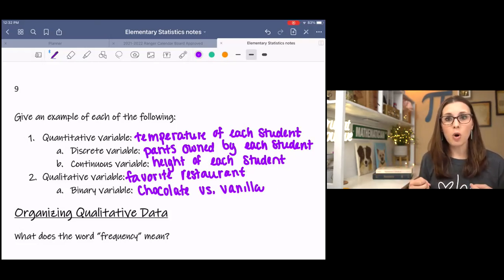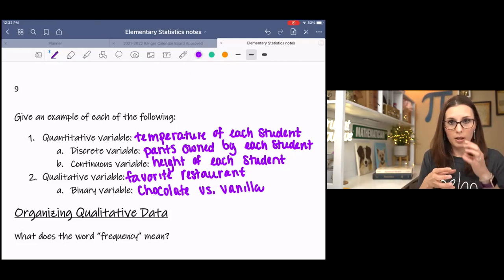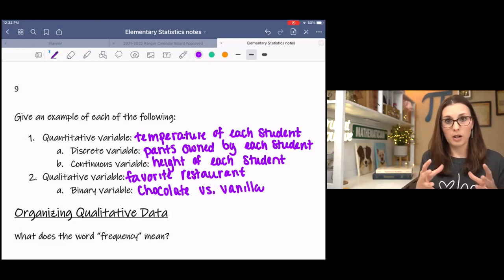So sometimes qualitative data is expressed in numbers, but it's still qualitative, because a zip code is specifying a specific region, maybe a collection of cities, not necessarily one city.